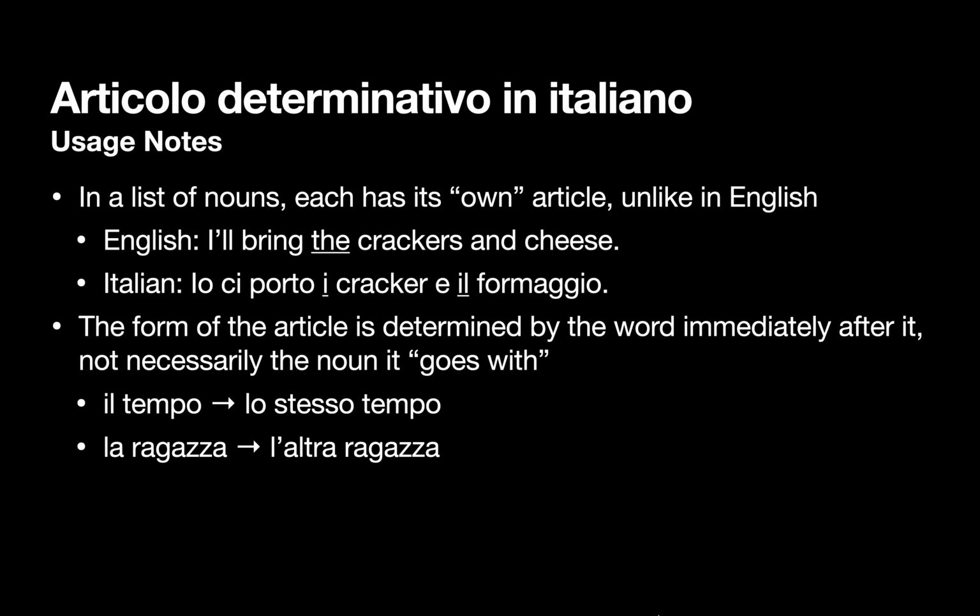Same with la ragazza, you use la because it starts with a consonant. On the other hand, l'altra ragazza, we use l' because altra starts with a. And so we would also then use le altre ragazze, since that's the plural of l' when it's feminine.